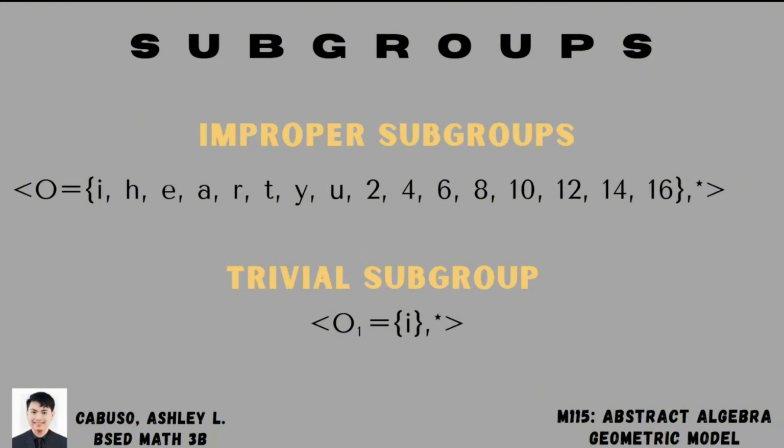This group has 16 elements. So the order of group O is 16.